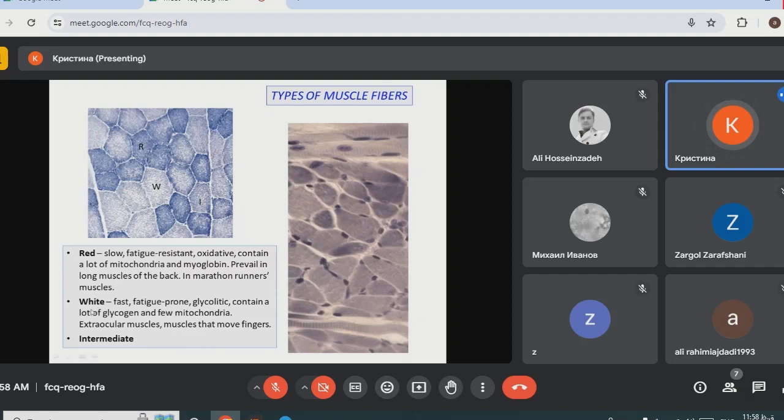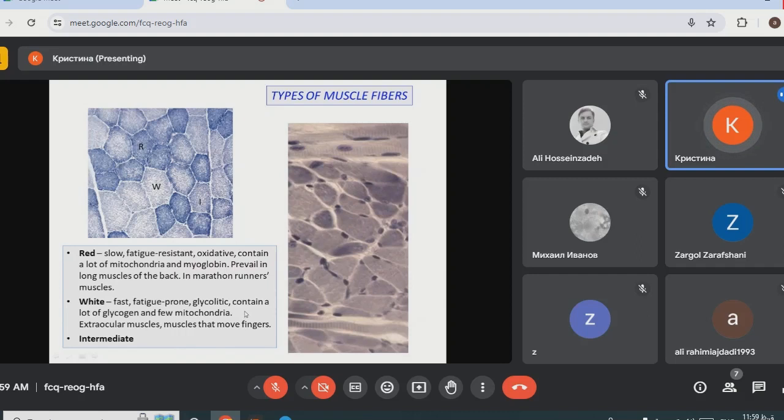White muscle fibers are fast. They can contract very fast, but they are fatigue prone. It means that they get tired very fast. They are glycolytic, so they perform glycolysis.